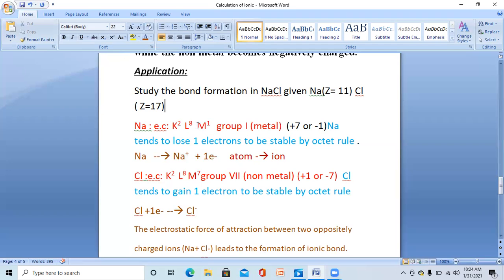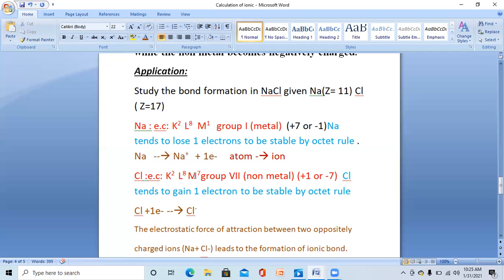Since Na tends to lose one electron to be stable by octet rule, it means it will lose this 1 electron. So the valence electron of metal is transferred to the valence shell of non-metal. This is the valence shell. So the valence electron of the metal is transferred to the valence shell of non-metal.